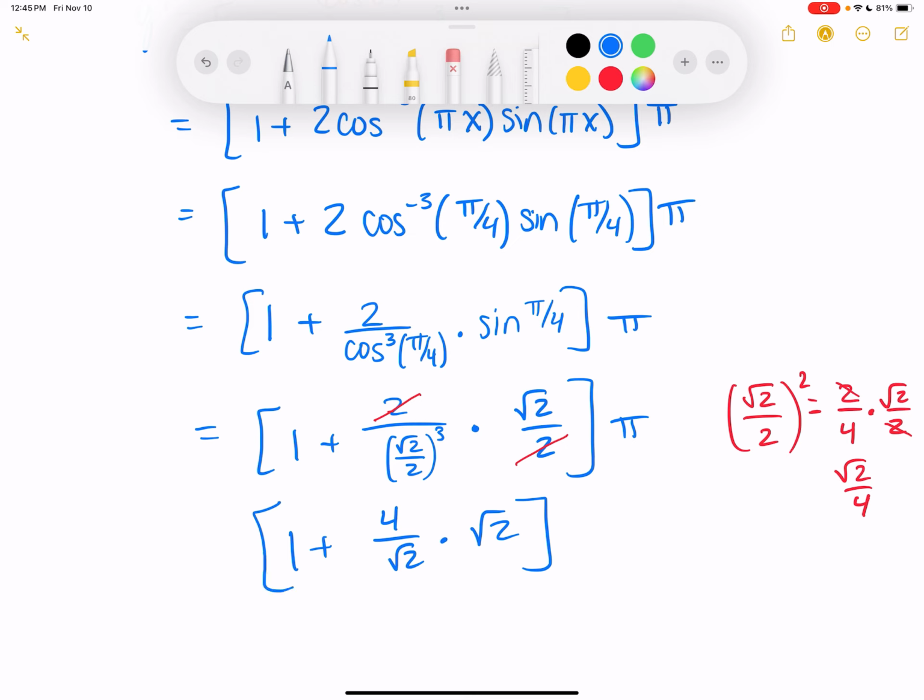Are we tracking with what I just did? So I had a root 2 over 2 cubed left on the bottom. By the time I was done reducing it, I was left with root 2 over 4. Because it was on the denominator, I flipped it. I basically did a keep, change, flip just on that part.